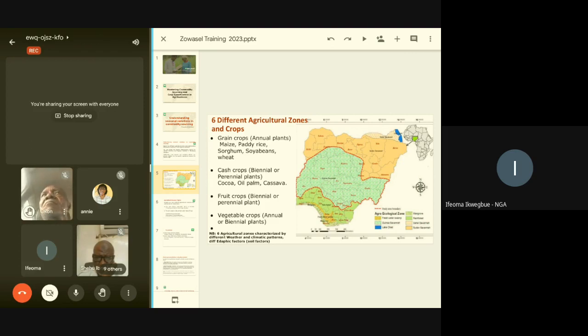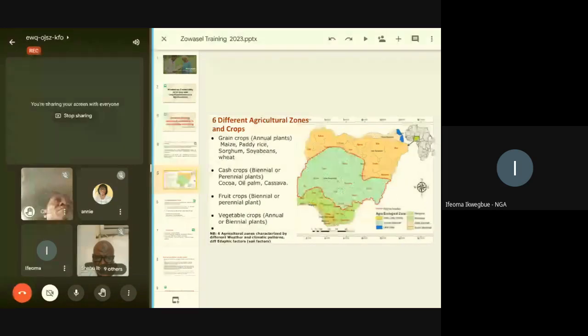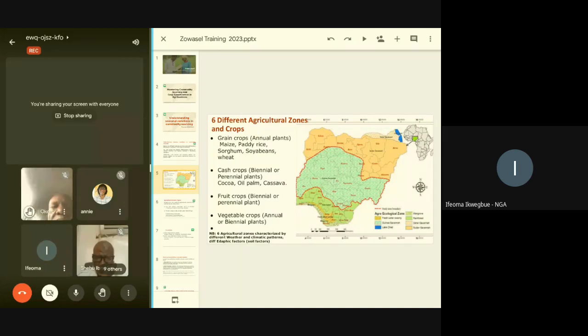We have the Guinea savanna, the Sahel savanna, the Sudan savanna, and the rainforest region. We have the mangroves, and it is also very important to know that majorly the Sudan and the Guinea savanna are the locations where we get high volumes of grains and some of the cash crops.